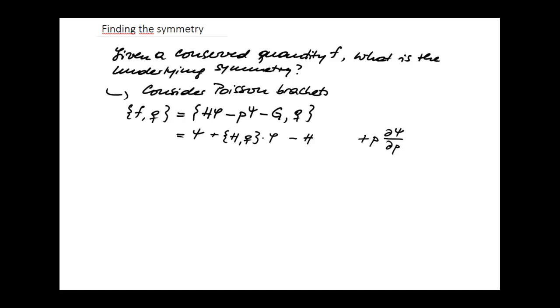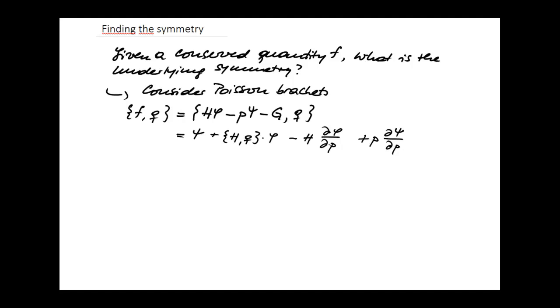It's plus the Hamilton function times the Poisson bracket of phi with q. But the Poisson bracket of phi with q, you take the definition of the Poisson bracket, that's minus the partial derivative of phi with respect to p. So we have the partial of phi with respect to p.